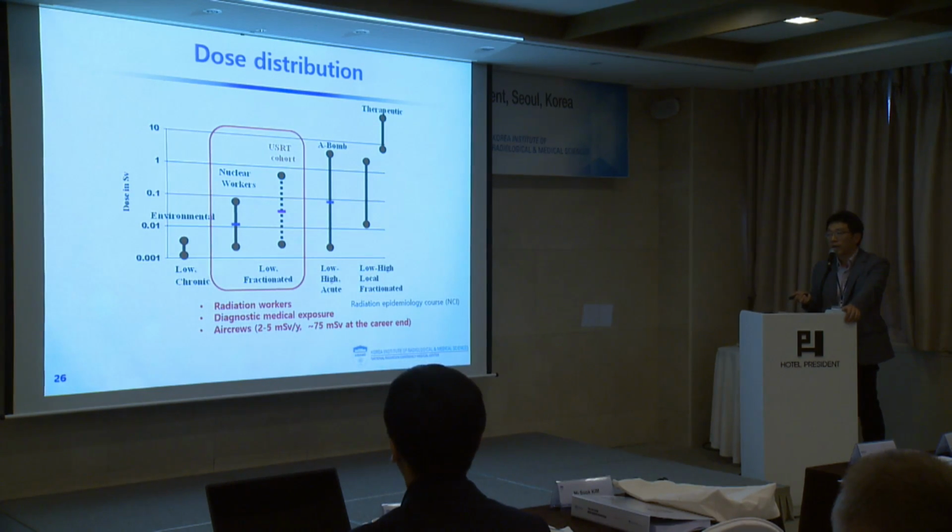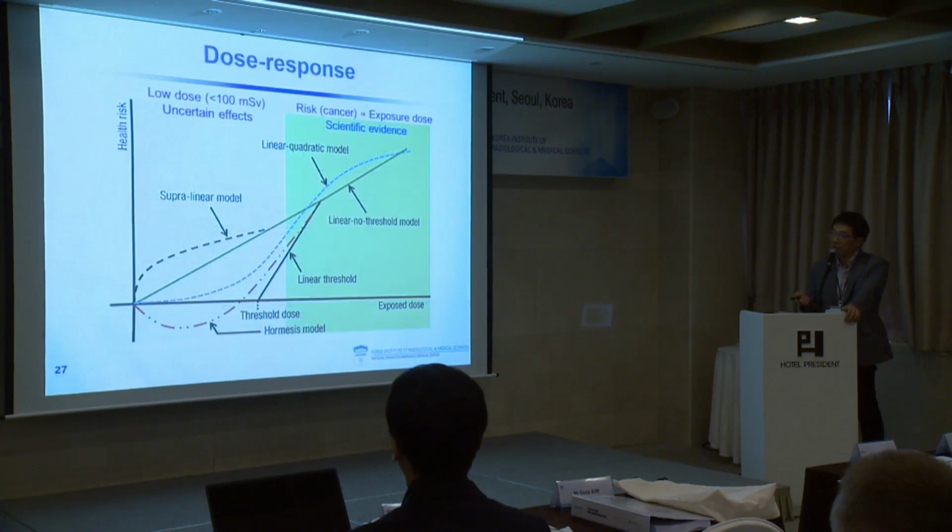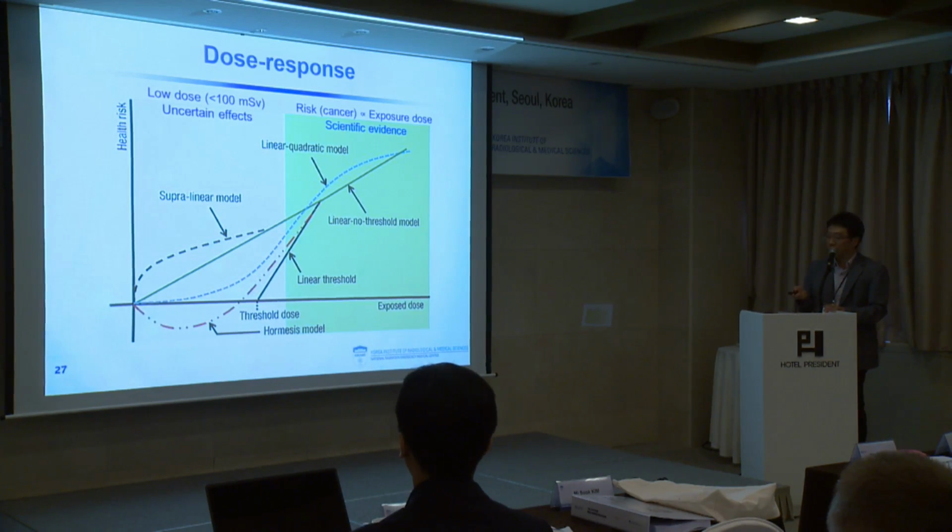By the end of their career it is estimated at about 70 millisievert. This is a typical dose response curve. As you can see, as dose increases, health risk, mainly cancer risk, increases, but in the low dose range, say below 100 millisievert, the risk association remains unclear.